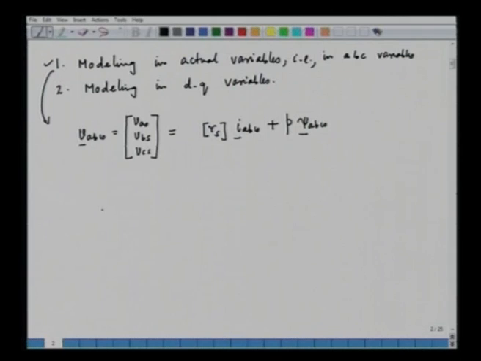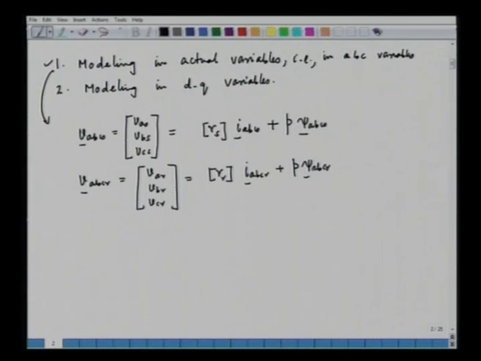And similarly we can write down the equation for the rotor. VABCR, that is VAR, VBR and VCR, is equal to RR. The rotor is also symmetrical. IABCR plus P psi ABCR.